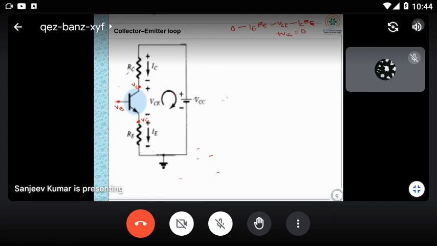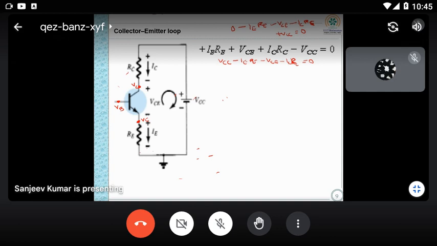Same thing, what you told. If I'm taking the opposite side also, same thing: VCC minus IE RE minus VCE minus IC RC is equal to 0.